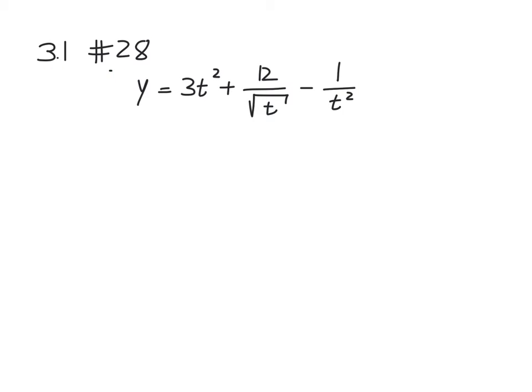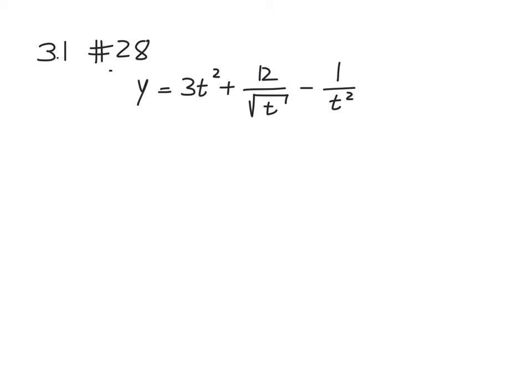So this function is a little bit more complicated than a polynomial because we have all these things now in the denominator, right? So it's not a polynomial anymore because we have exponents that are not natural numbers.